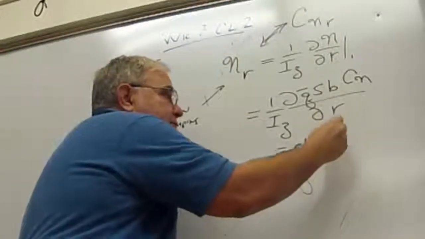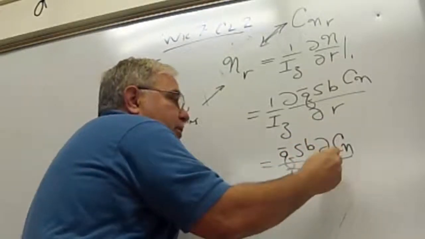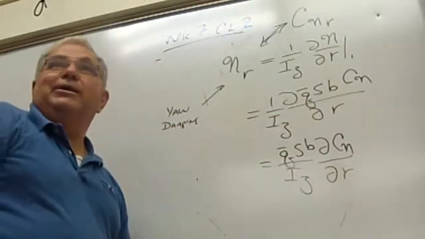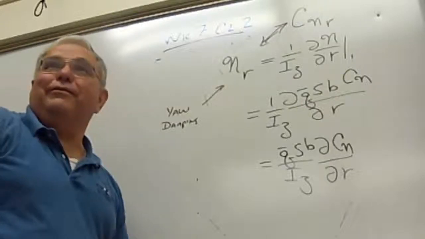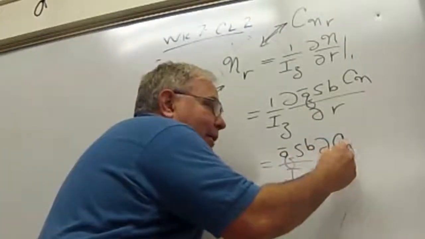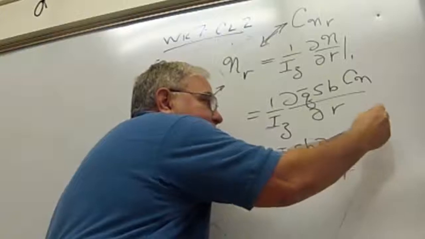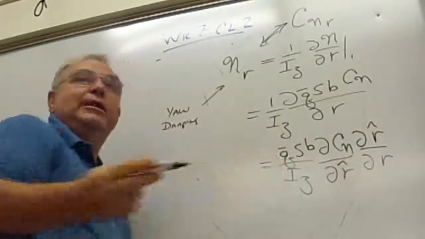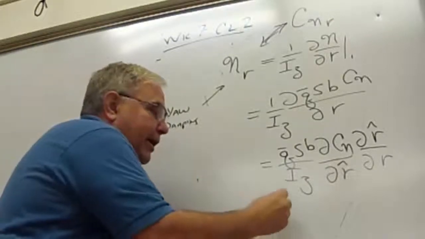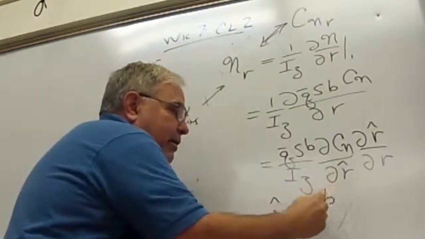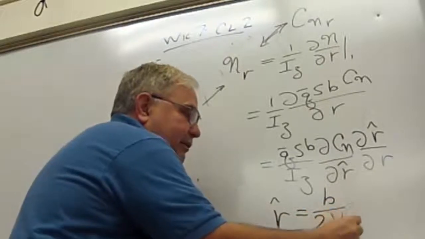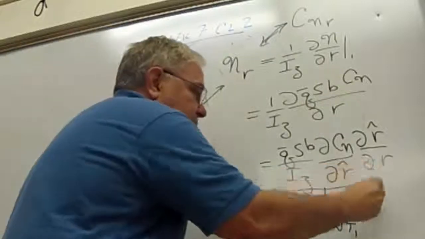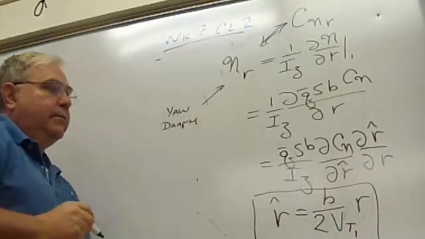And now I've got partial C sub N over partial R, but I've got a problem, don't I? R has units, radians per second. Screws up my stability derivative. So it's got to be R hat, partial R hat over partial R. And I have to define R hat so it has no units. So we pick R hat equal to B over 2, the steady state velocity, times R. This is a convention that you take your R hat to be.